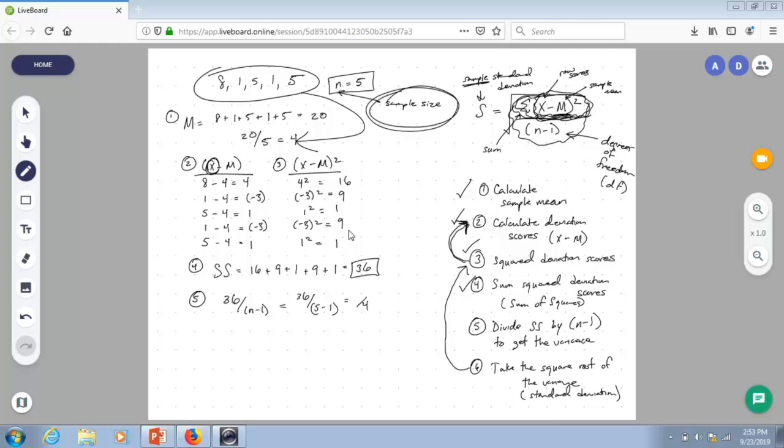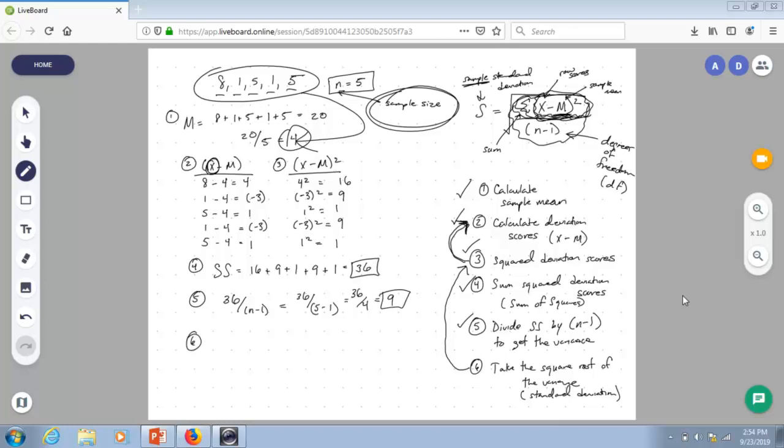That gives us 4 in the denominator, 36 in the numerator, and then ultimately our average squared distance that all of these scores are from the mean would be 9. So we have effectively taken care of step 5.